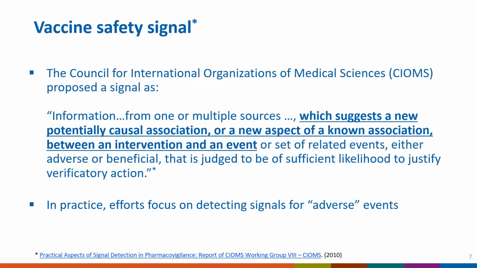So before I describe the main monitoring systems in the US, I'll describe a concept called signal detection, as well as some other terms that we use in vaccine safety monitoring.